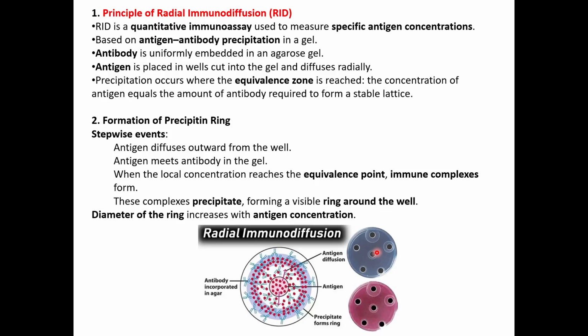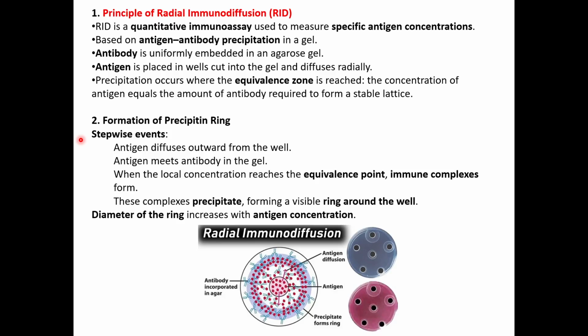So radial means circularly outward equally. So the formation of a ring appears. You can see here your antigen is more in this region and antibody is comparatively less. Here at this particular ring region, the antigen antibody concentration is optimal for a stable lattice formation. So it will precipitate in that region.